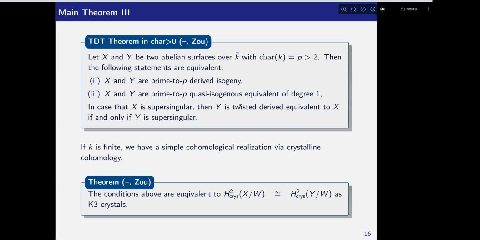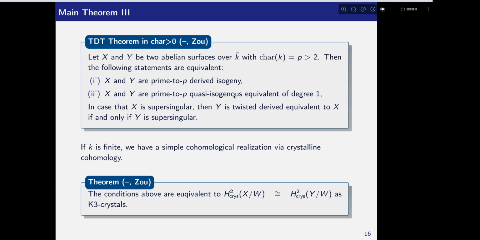So there is a natural connection between derived equivalence, twisted derived equivalence, and quasi-isogenies on abelian surfaces.